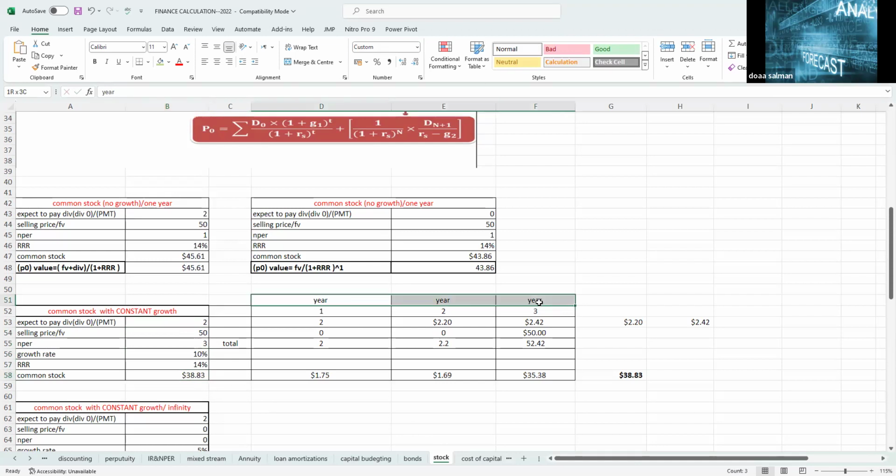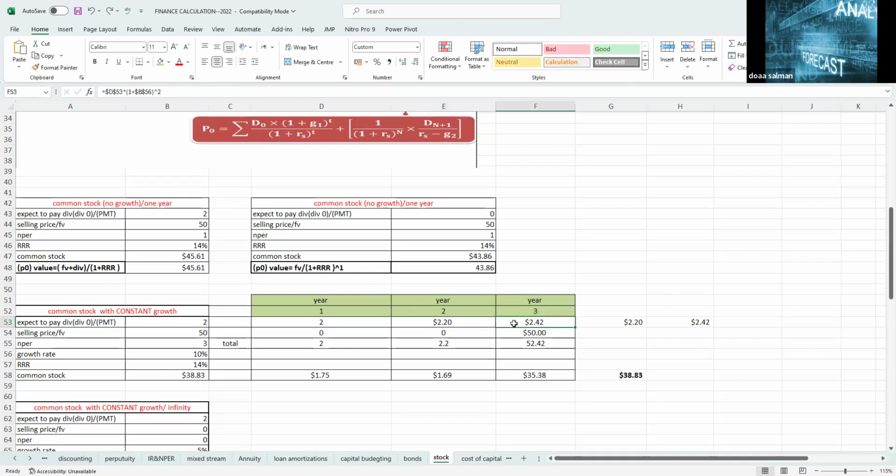So here I need to find the constant growth model. So we're going to prepare our year plan. Here we have 3 years, 1, 2, 3, and then we start with $2, and then it is going to grow by a growth rate of 10%. Either you are going to use it like that, or you can say it is equal to 2 times the growth rate, which is 1.1, which is going to give you the same result.